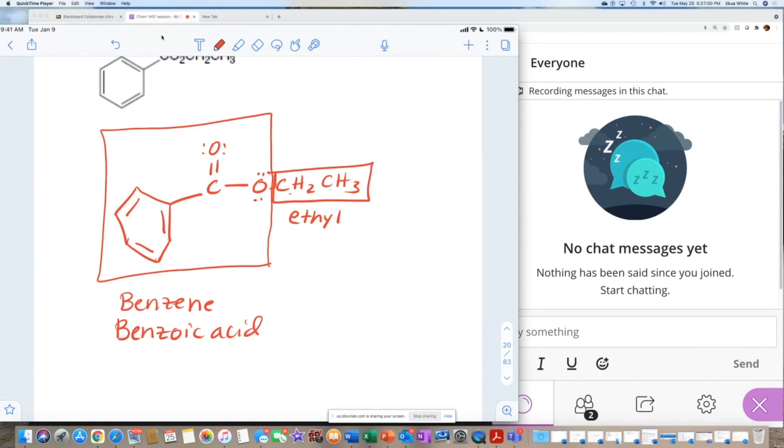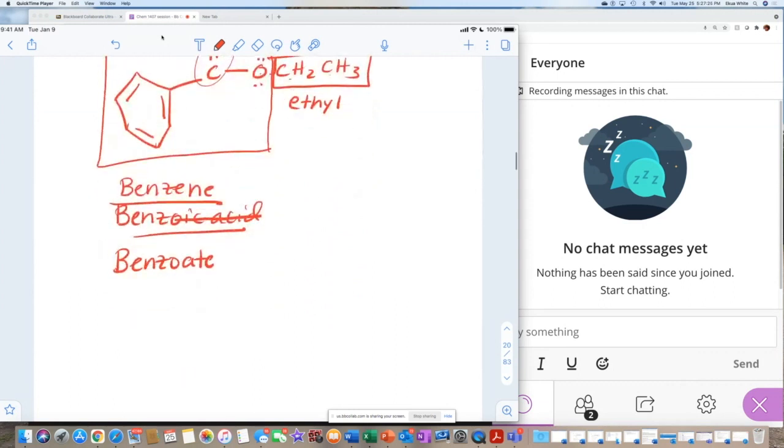So this is one of those times where following the long rule works because the short rule doesn't work very well. Benzene doesn't have any extra carbons and oxygen. Benzoic acid has this extra carbon right here and then the OH. For the benzoic acid, you can just remember this as benzoate.